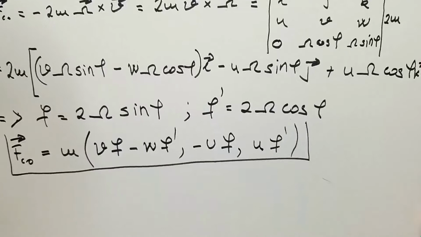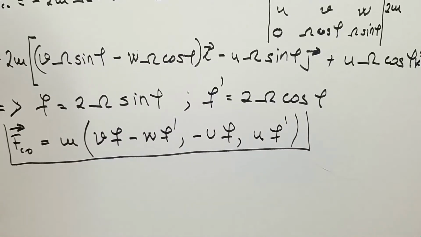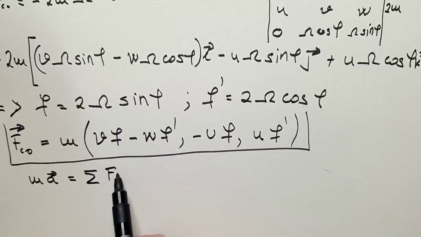Now, what we did for all previous forces, we will do for the Coriolis force too, and that is we want to express this force in terms of Newton's second law to see how we use it. In that case, we know that mass times acceleration is the sum of all forces.